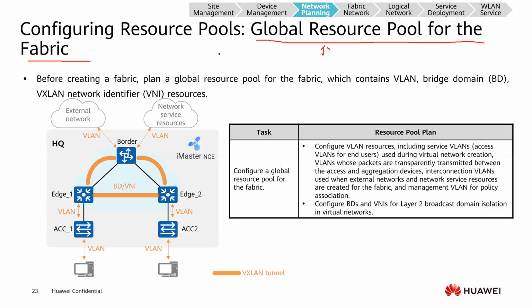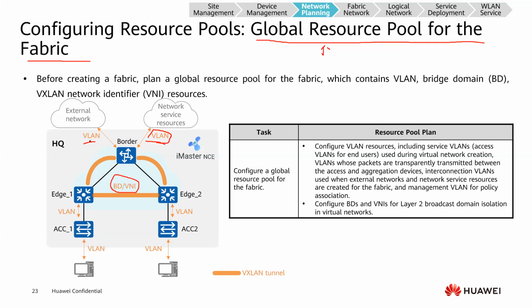So the first resource pool is for the fabric. In this resource pool, we will consider the VLAN, the BD, and the VNI. The VLAN is used to connect to the external network and the network service resources.